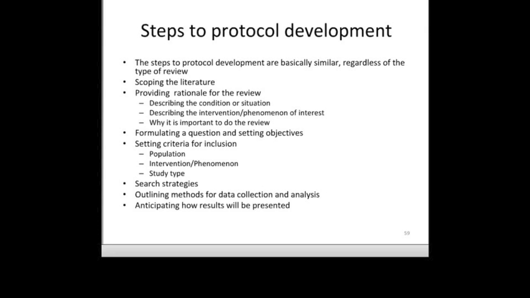You then outline your search strategy in terms of which databases you want to use and which key terms you think of using to retrieve relevant articles. And it stops with actually outlining methods for data collection and analysis, and with anticipating on how your results will visually be presented.